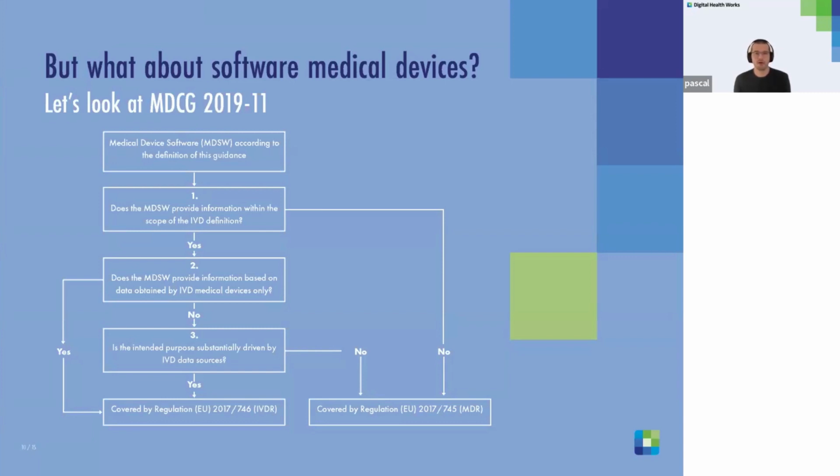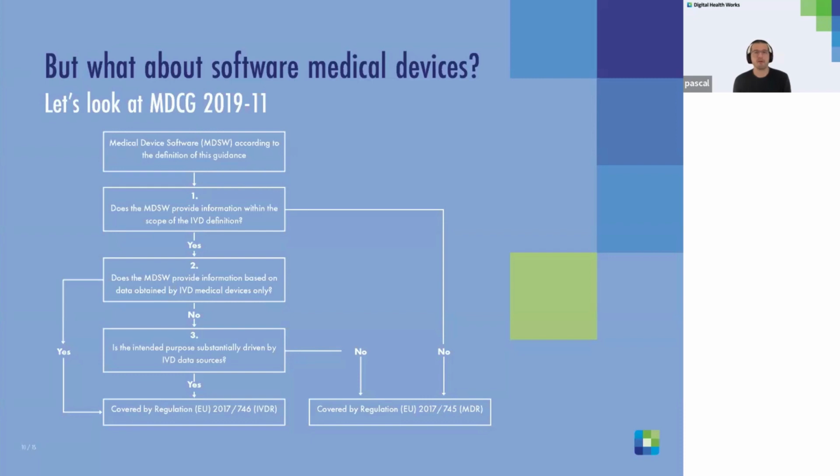At that point it was generally unclear what to use here. So the MDCG, standing for Medical Device Coordination Group, an expert group that the European Commission set up via the MDR, publishes guidance documents like this MDCG 2019-11, where they give recommendations for certain implementation questions of the MDR and IVDR, or topics in between.